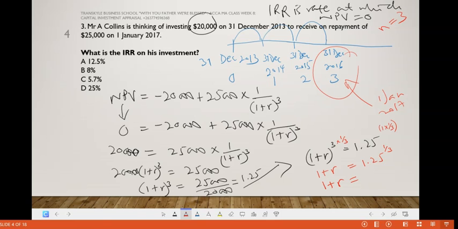So you can just put the 1 over 3 in brackets.